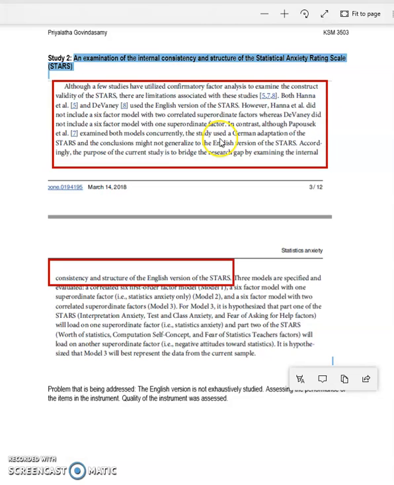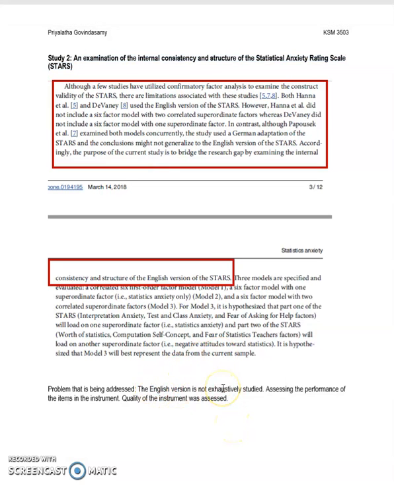The researcher mentioned that the English version of the instrument has not been exhaustively studied, meaning that a lot of times the instrument has been translated into different languages, and the translated versions of the statistical anxiety rating scale have been studied, but not the original English version.